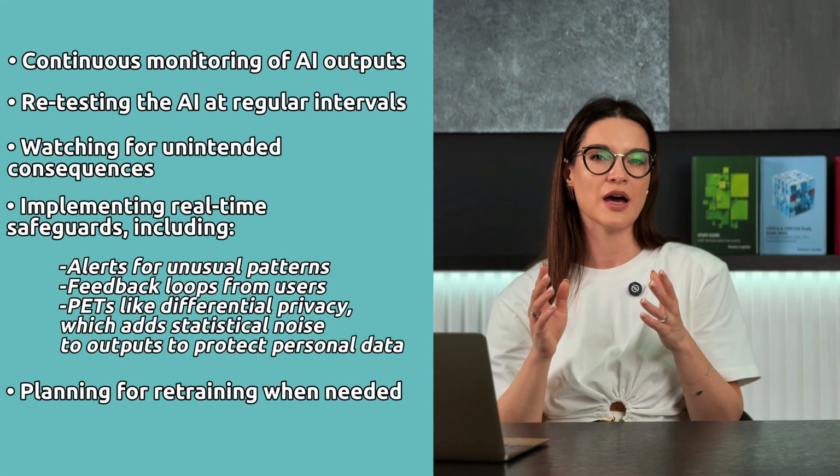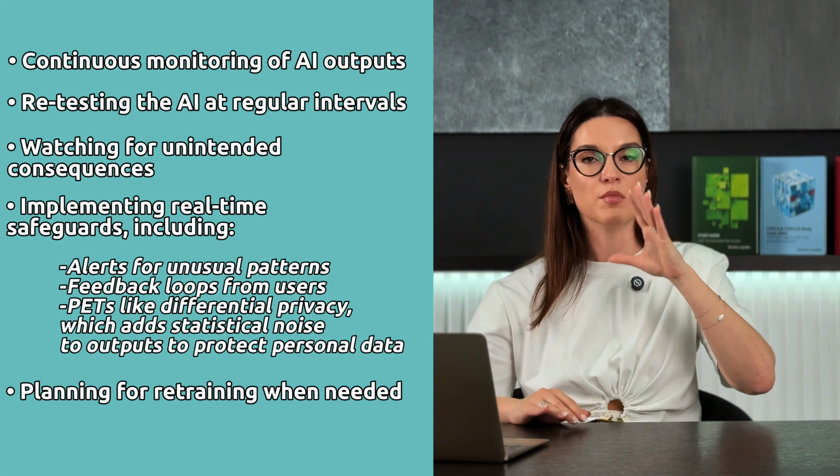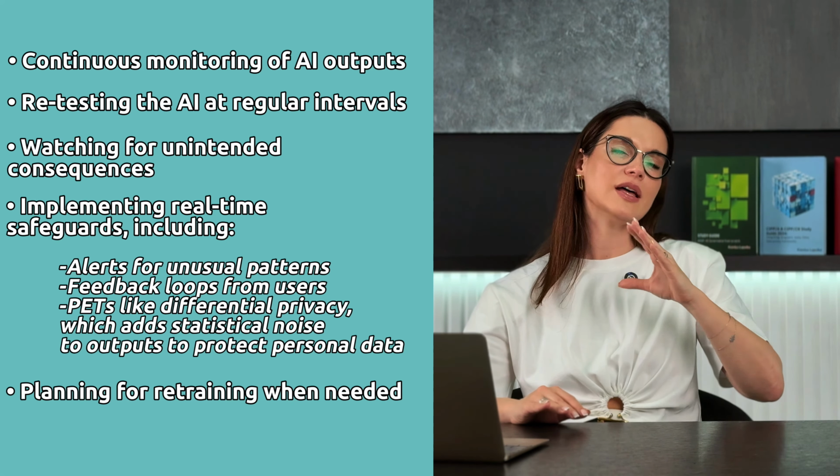What else can we do? We also can plan for retraining of the model when it is needed, when the AI performance drops or risks emerge. We also, at this point, might think of stopping our AI model. Well, this happens when supervisory authorities find something wrong or you did.